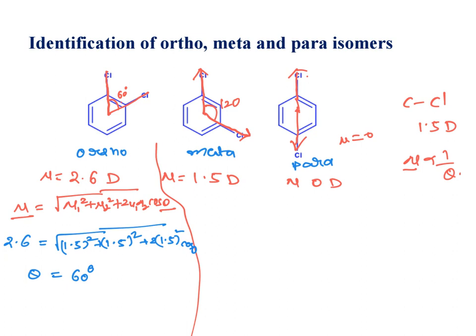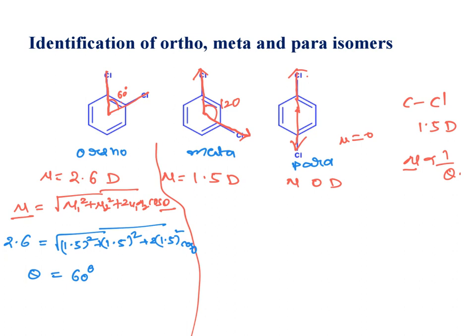In this way, by knowing the dipole moment, we can identify which isomer it is, whether ortho, meta or para. These are some of the applications of dipole moment. By taking dipole moment data, we can calculate the percentage of ionic character in a bond, and the structure of the molecule, whether it is linear or non-linear, symmetrical or unsymmetrical, and identify isomers in substituted benzene.